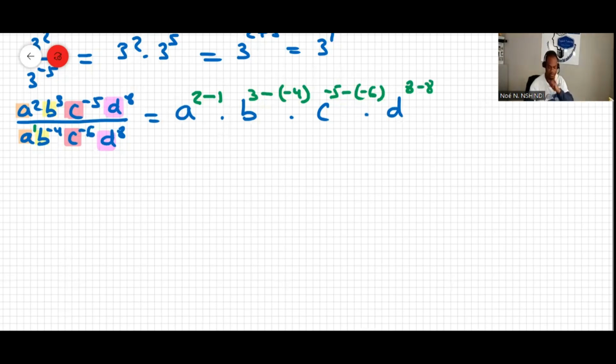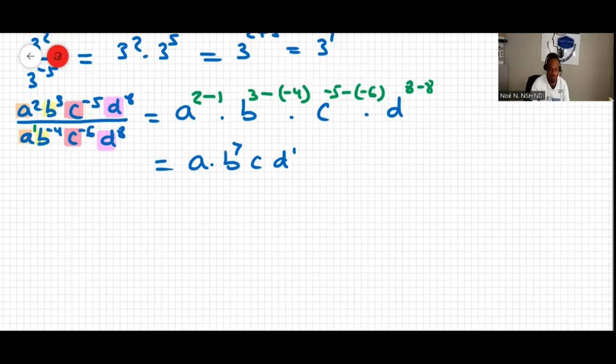And then we can start solving. That makes a to the power of 1, and I don't need to write the power of 1. Multiply by b, 3 minus -4 makes +7. And then multiply by c, -5 minus -6 makes +1, and I don't need to write it.